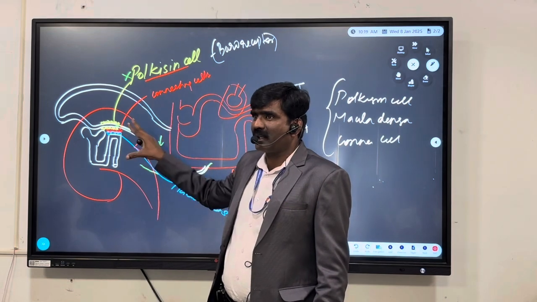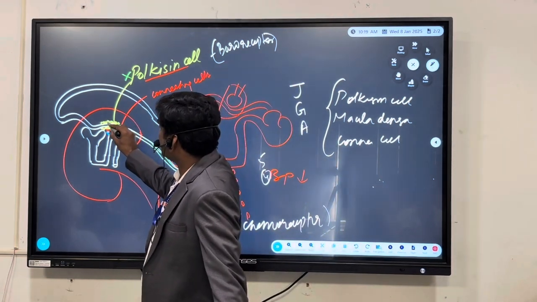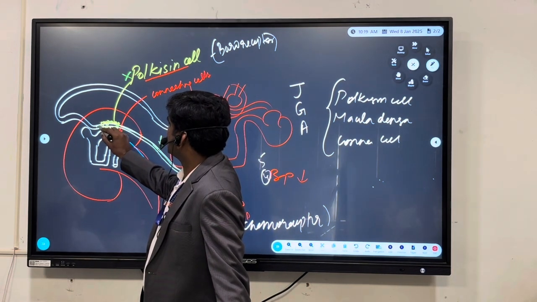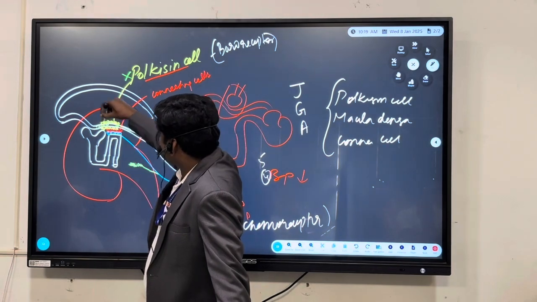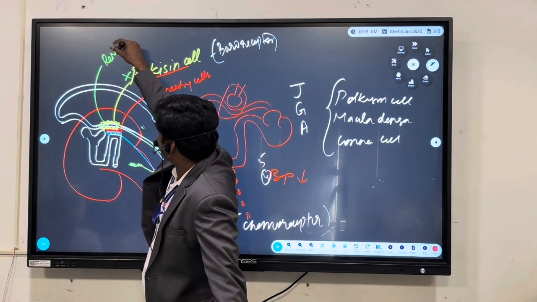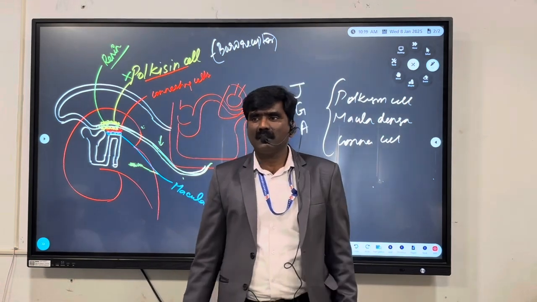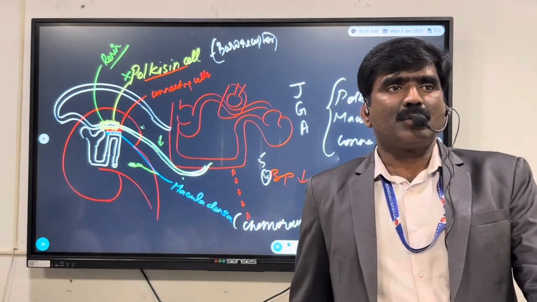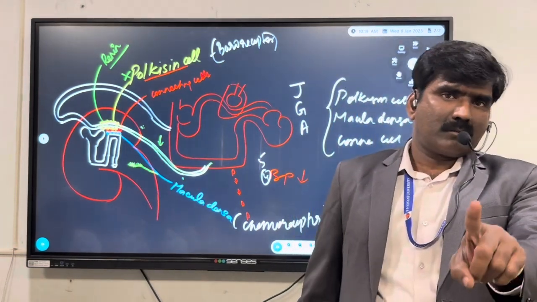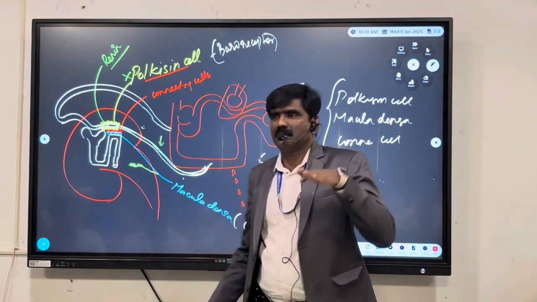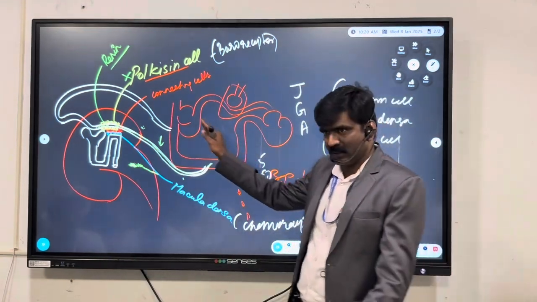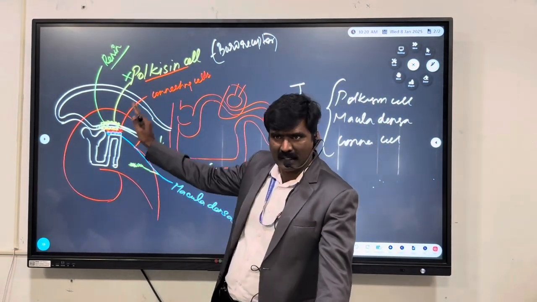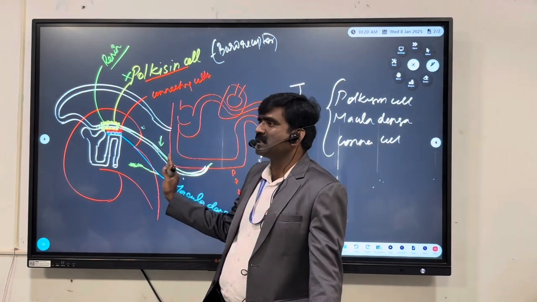If it is becoming active, then the Pulkison cell will release some enzyme, right? Hormone. And this is called renin. Renin will be released in the circulation. So when the blood flow is less, because there is a blood loss, renal perfusion is less, and when the pressure is less, what will happen?